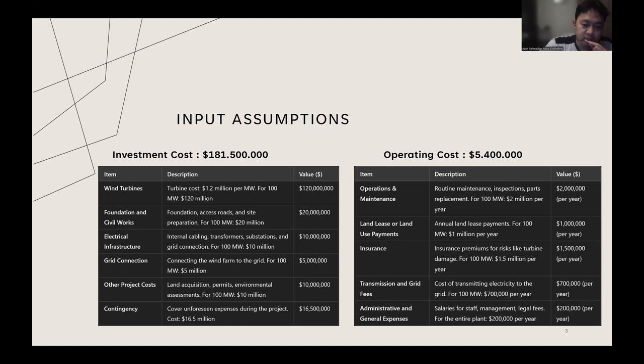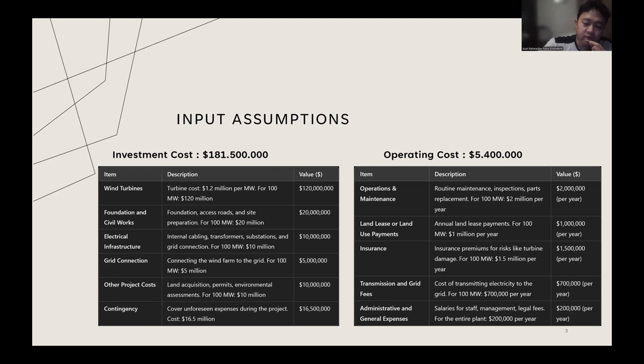Other project costs like land acquisition, permits, and environmental assessment like AMDAL are 10 million dollars, and contingency is 16.5 million US dollars.